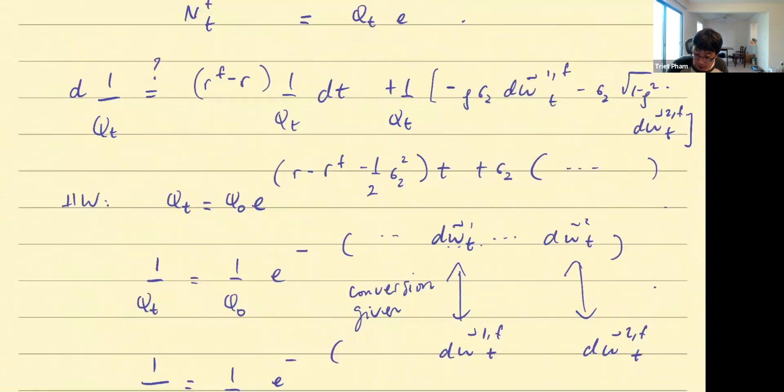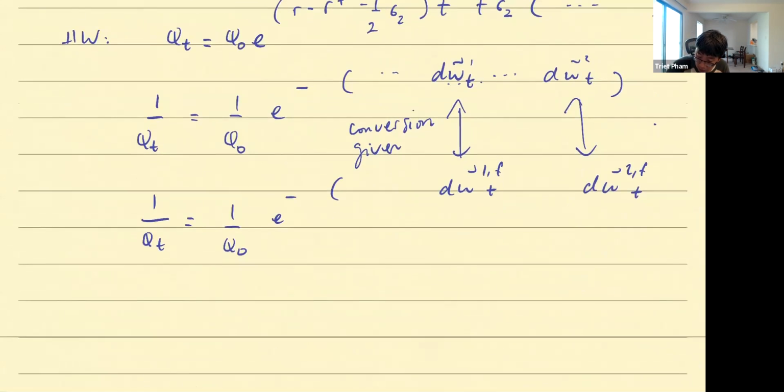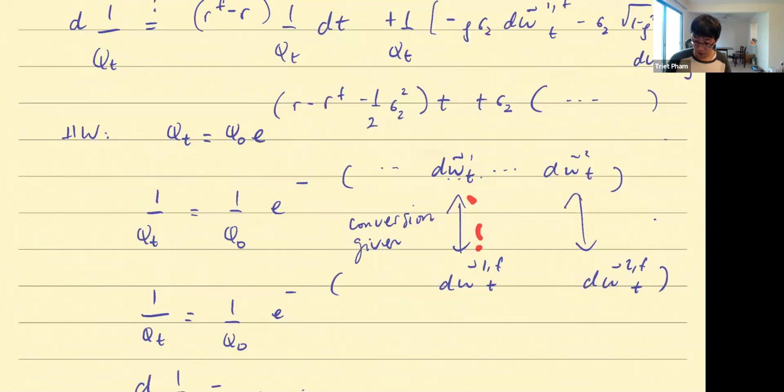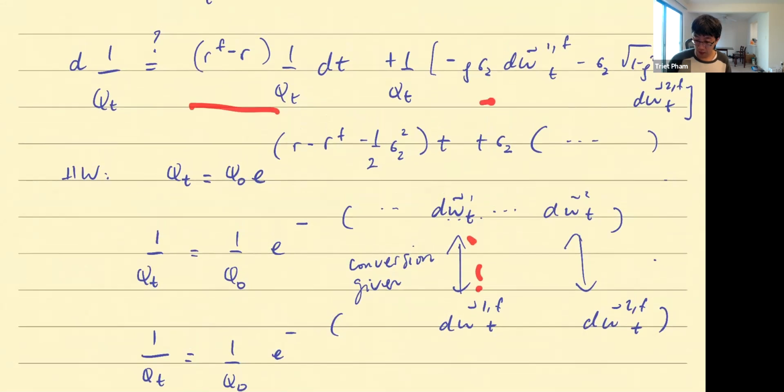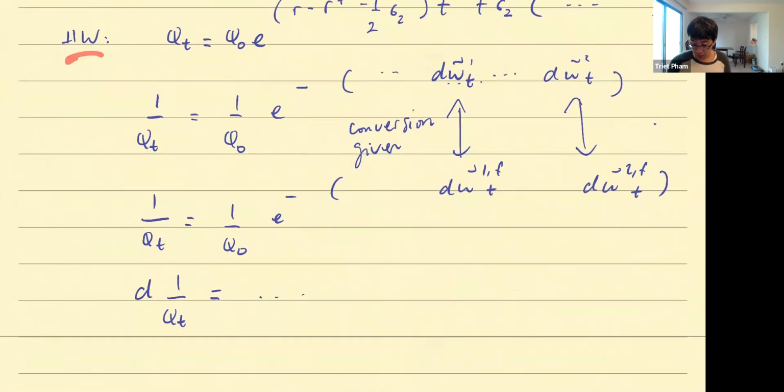And then your final task is to apply Ito's formula. But you should discover that if you plug in the conversion, somehow everything cancels out and you get that. Is that okay? So that's the approach of the homework. If you use the approach of the homework, then everything is rigorous.